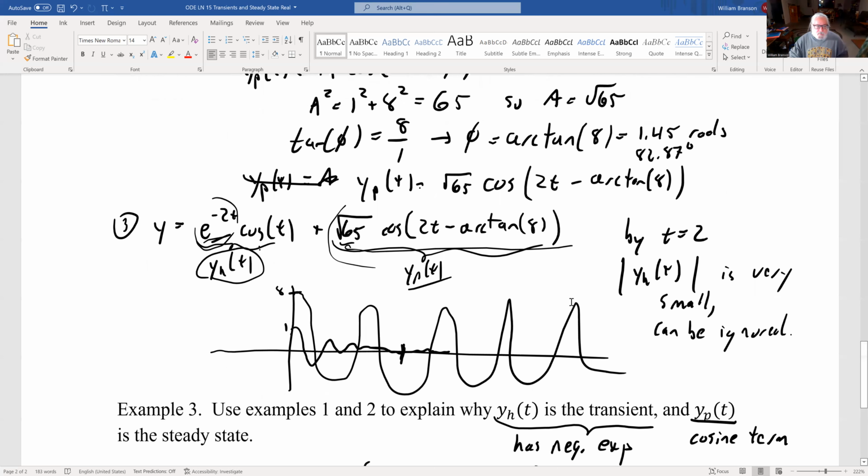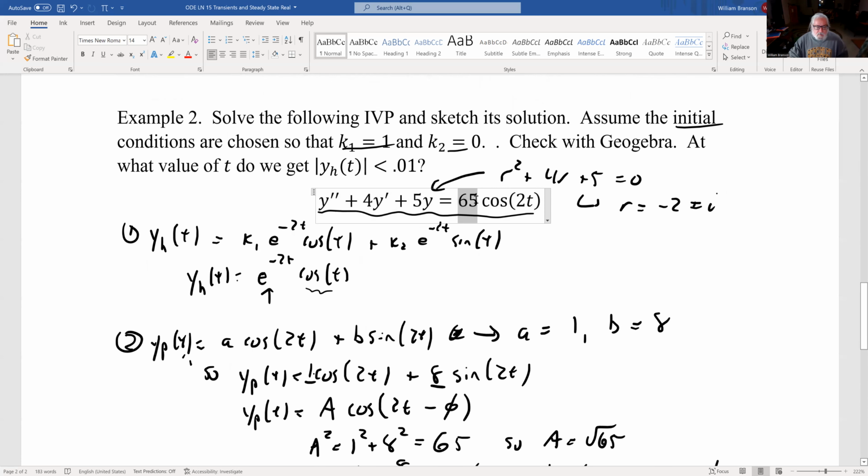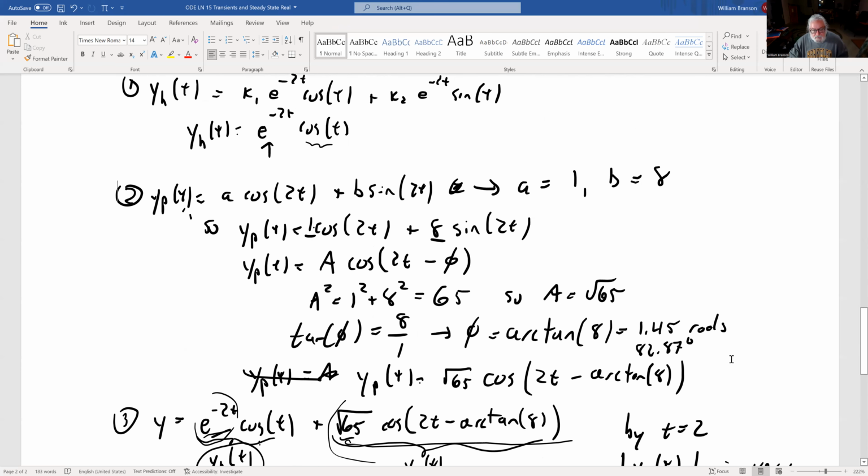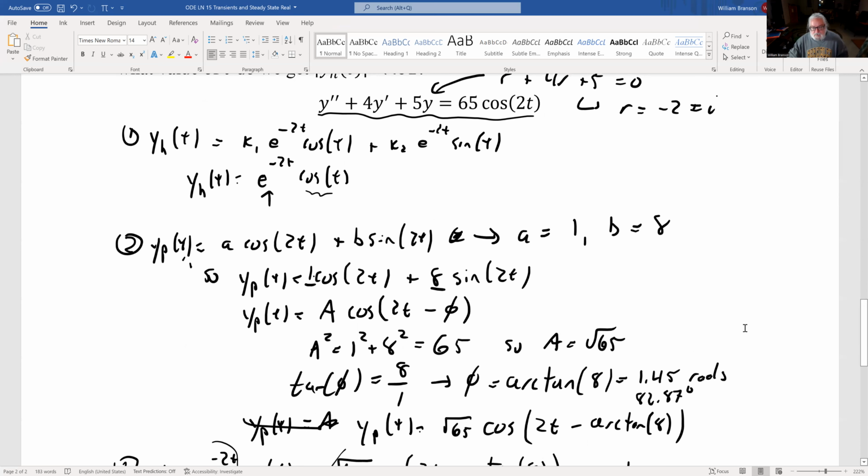Note that in this example, our forcing function has a frequency of 60, amplitude of 65, but the particular solution actually has an amplitude of square root of 65. Generally, the forcing function is going to lose a lot of energy to friction, and so the amplitude of the response of the spring is not going to be as large as the forcing amplitude. And the friction also gives you this phase shift because you have to overcome that friction.